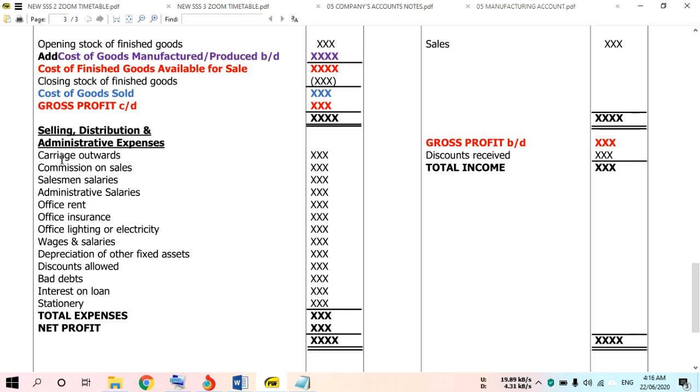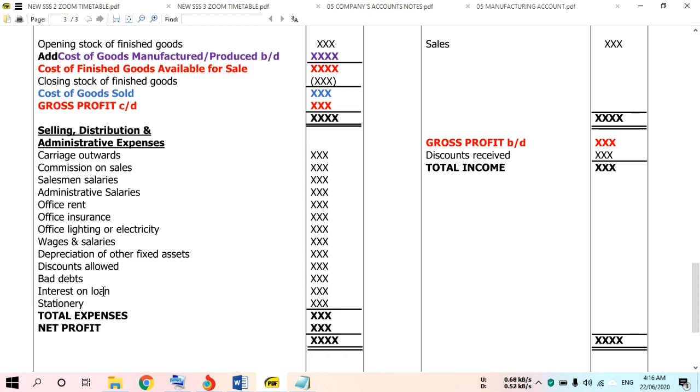Then all the expenses given to you that are not related to the factory, to manufacturing, or to production, are going to appear under the heading: selling, distribution, and administrative expenses.